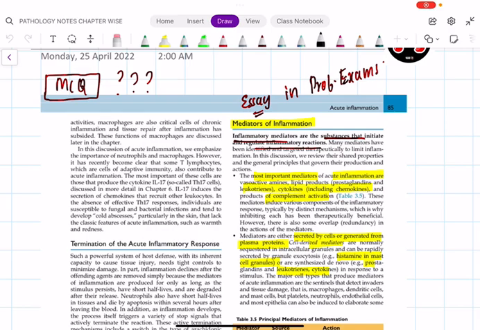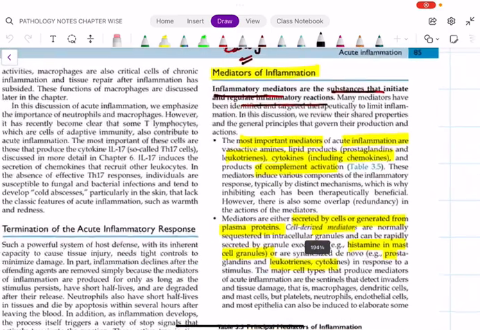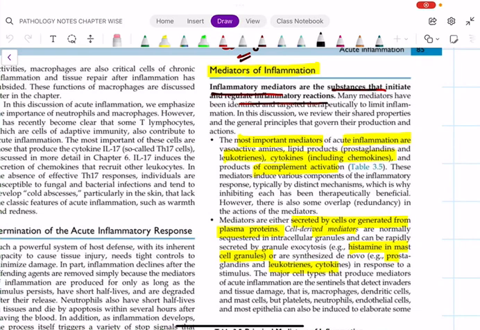So, these inflammatory mediators are the substances which regulate the inflammatory reactions. The most important mediators are vasoactive amines, lipid derivatives like prostaglandins and leukotrienes, cytokines including chemokines, and complement activation or the complement pathway. The complement pathway, I will be just discussing the very salient features pertaining to inflammation.